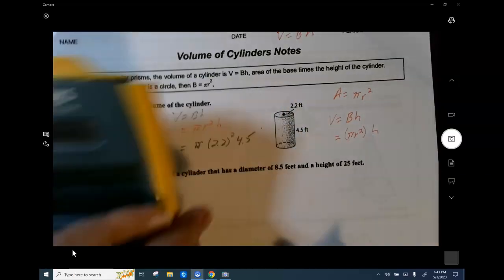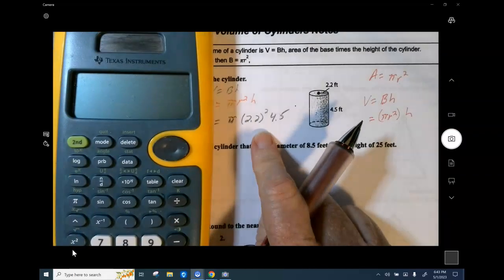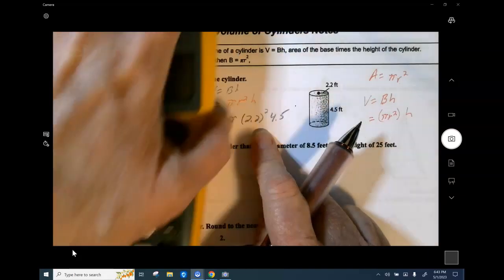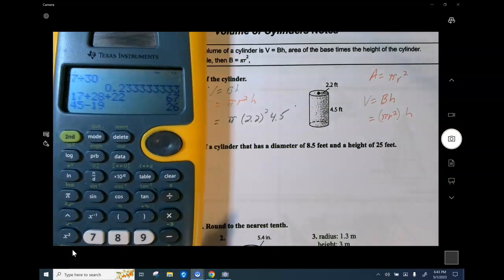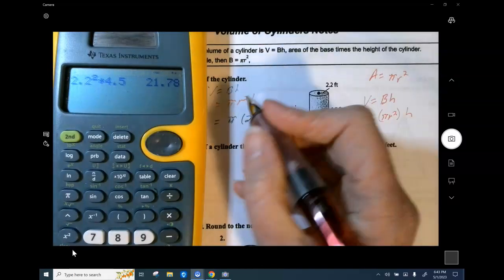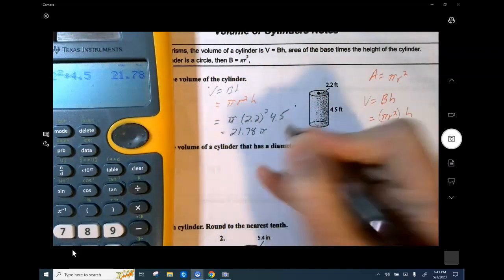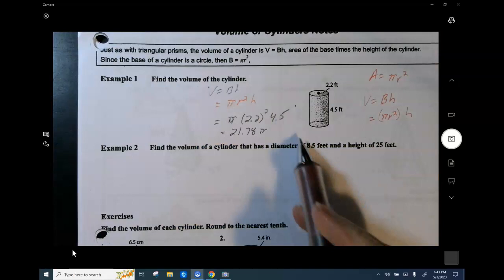We take out our calculator, and remember, in order to square it, we use this button right over here. So we take 2.2 squared times the height, 4.5, and that gives us 21.78 pi.